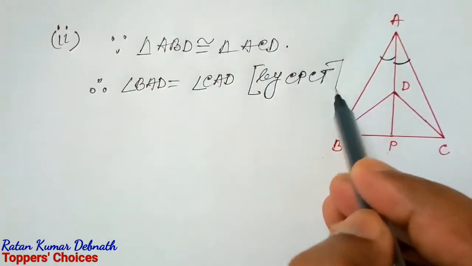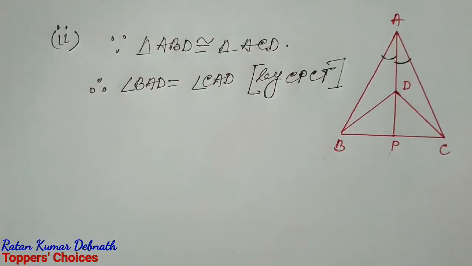These angles are the corresponding parts of congruent triangles.